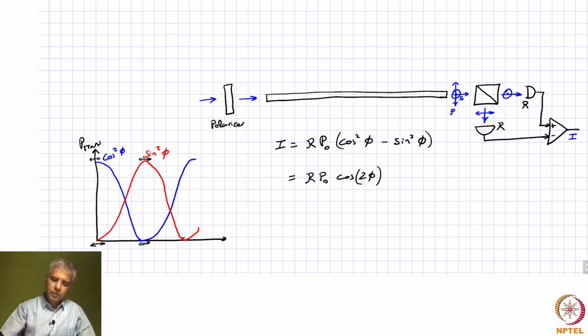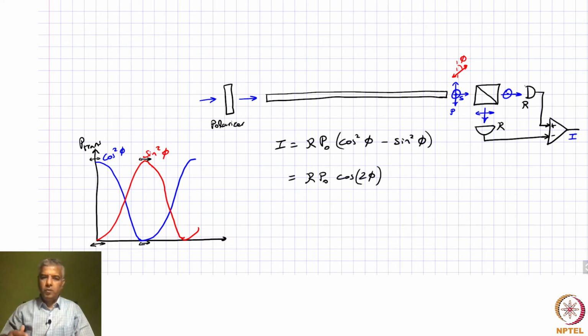So let's say, because of the perturbation, the output polarization is tilted like that; phi is what we are tracking now, right? So that corresponds to this responsivity multiplied by the power that's incident on those detectors multiplied by cos of 2 phi.